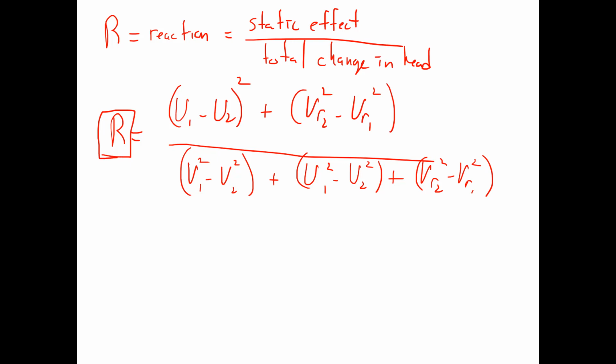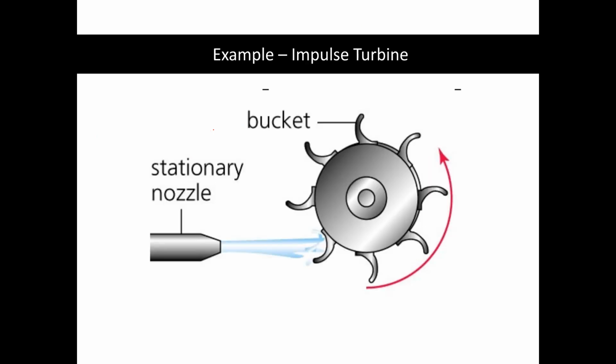Well, we have reaction turbines and impulse turbines, basically, is how turbines are split. For example, if you compute this and we get a reaction of 0, it means that the total change in head is due to dynamic effects, because here the static effect is 0. An example of that would be impulse turbines.